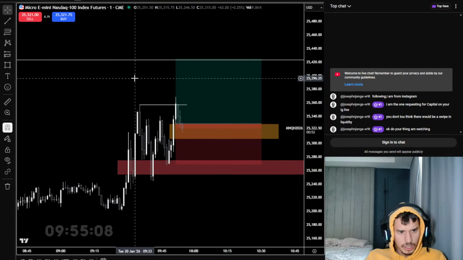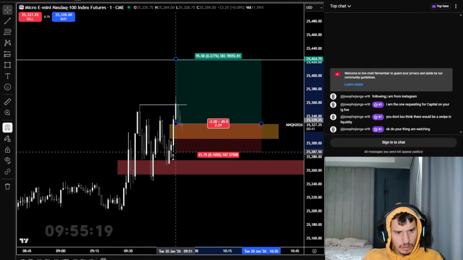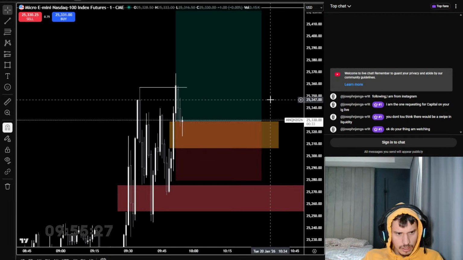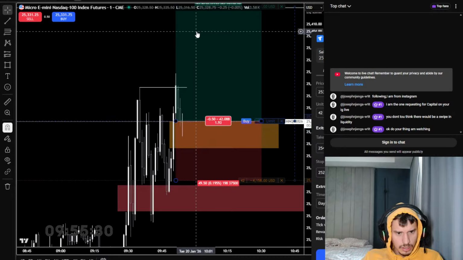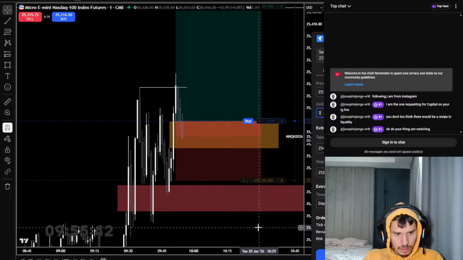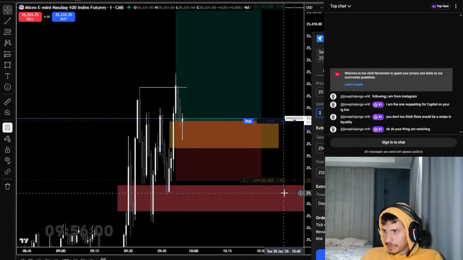Not enough for the 2 to 1. Probably a tight stop if I am gonna take this. Would I take this? Three units. This long is tempting me right now.